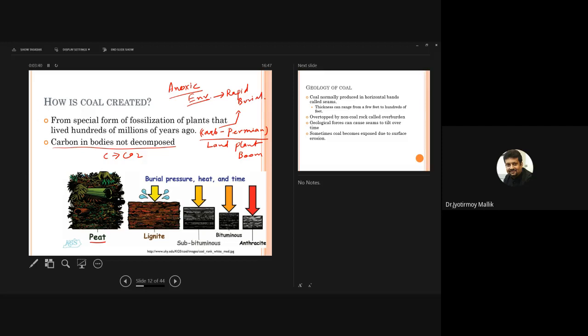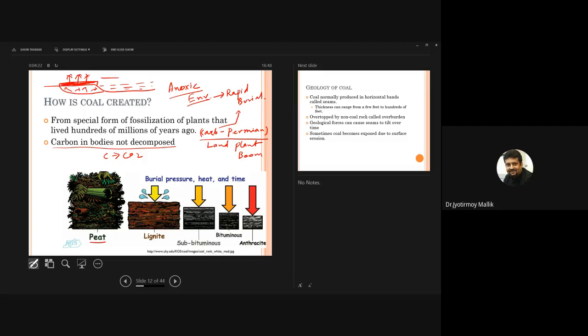So if I just try to explain that, it needs land plants, right? Needs land plants to form coal. And here is your sea. So these trees have to die, and the sea has to essentially transgress so that it can put a cover, a thick impermeable cover on the top of them.